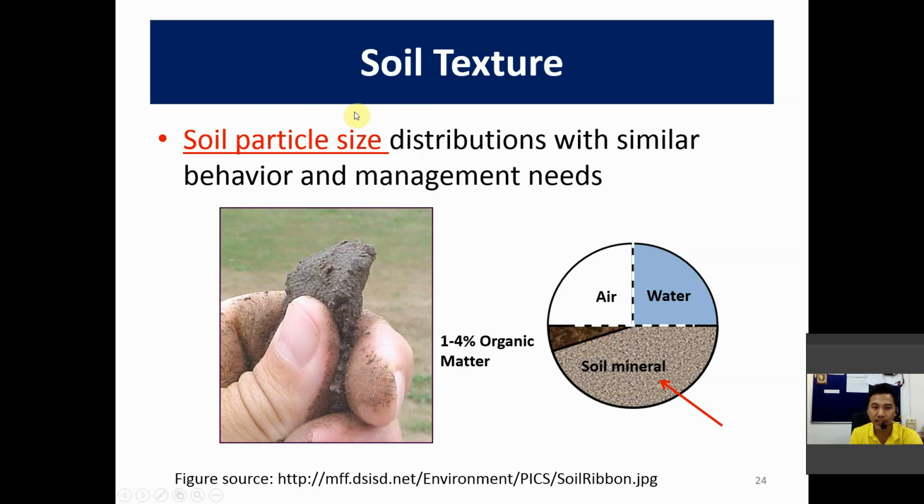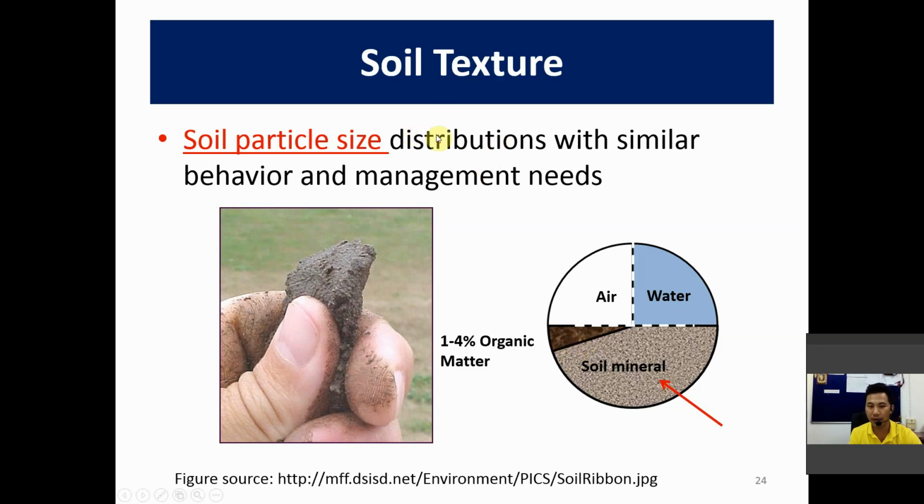So soil texture is really important, of course, in terms of physical properties. But if you interpret the result according to the soil texture and then use that result to manage something, I think you probably miss some information, because soil texture involves only the soil mineral part. It doesn't do anything with organic matter.